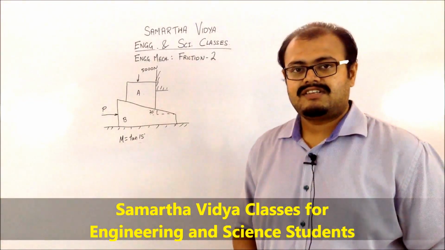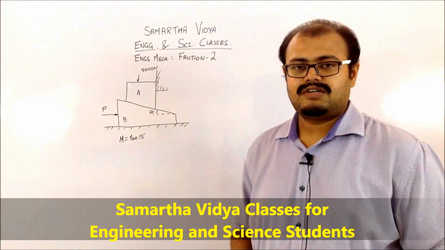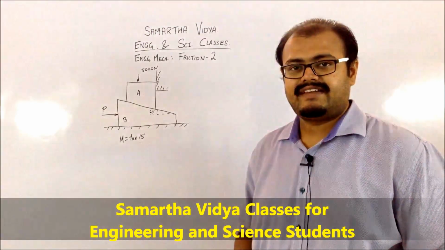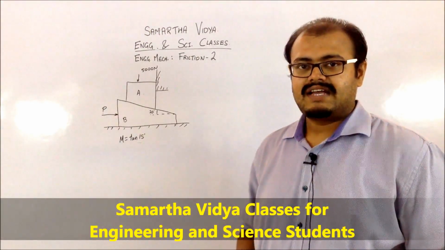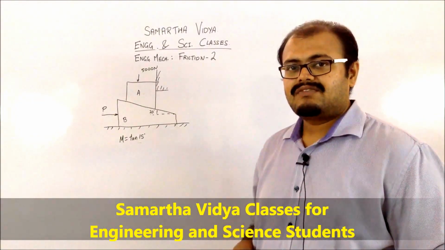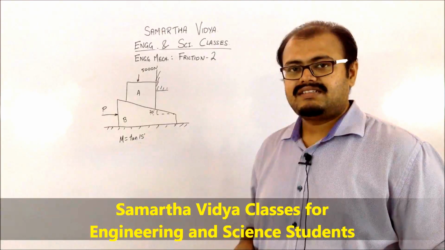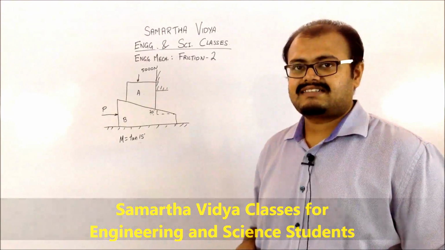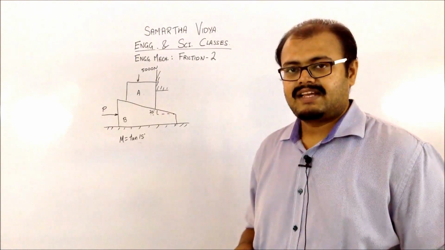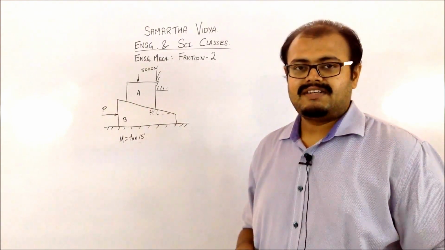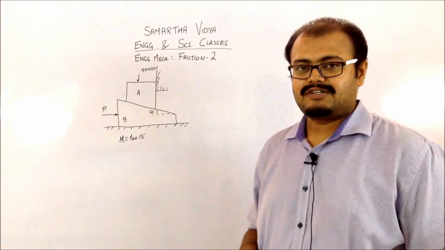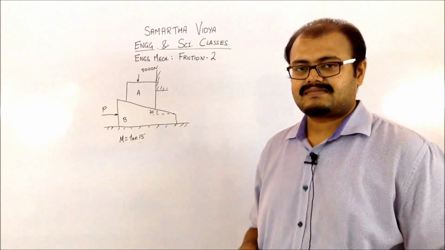Now when you are going for the FBD of different blocks, what you have to do is first of all try to understand the number of variables which are going to be present. Whenever you are solving for wedge frictions, you have to understand that you can only have summation Fx and summation Fy as the two equations for solving purpose. The reason for not including summation M is because there are no distances given in this particular case.